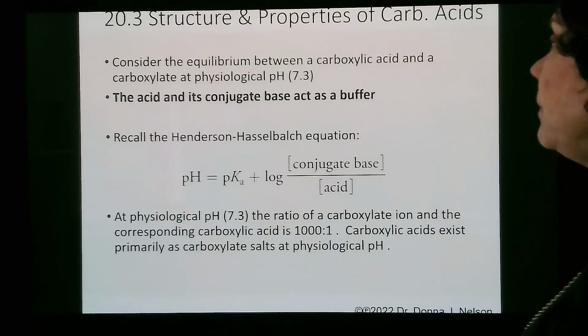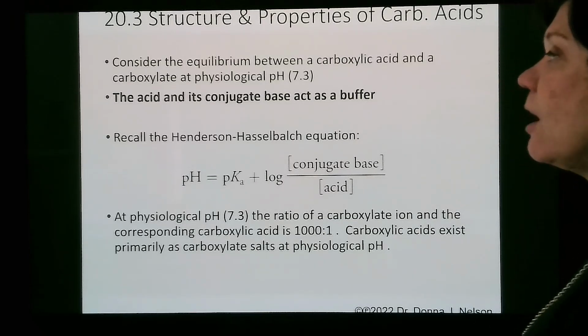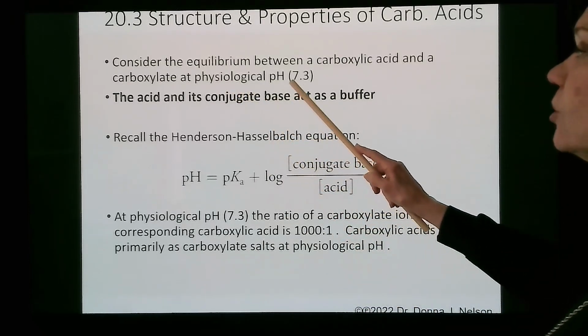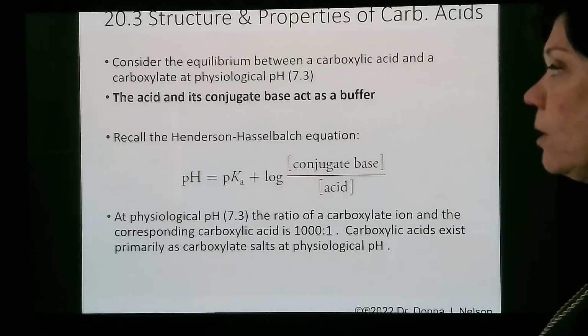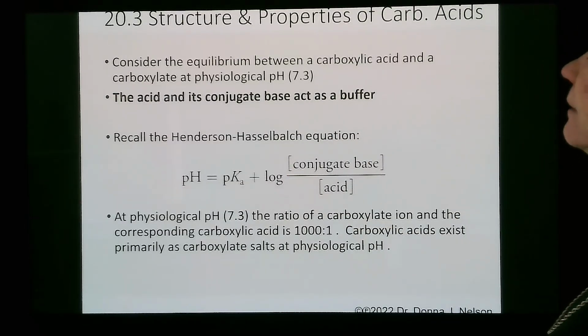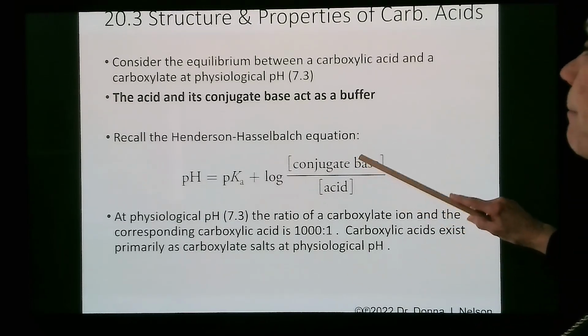The equilibrium between the carboxylic acid and the carboxylate at physiological pH, which is 7.3, the acid and its conjugate base act as a buffer.